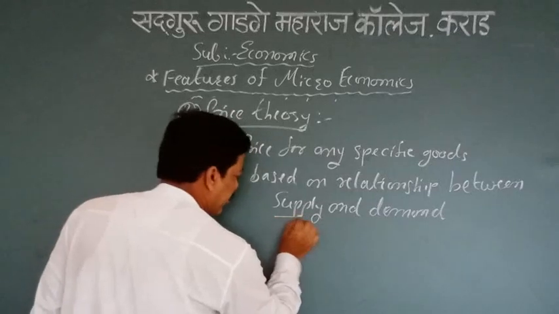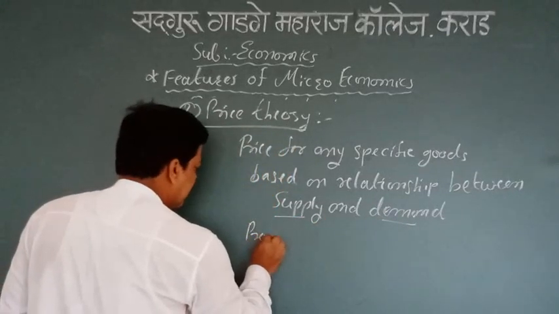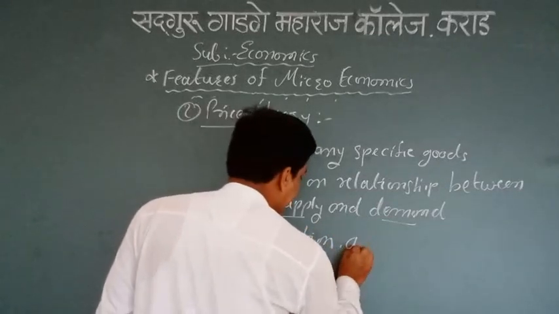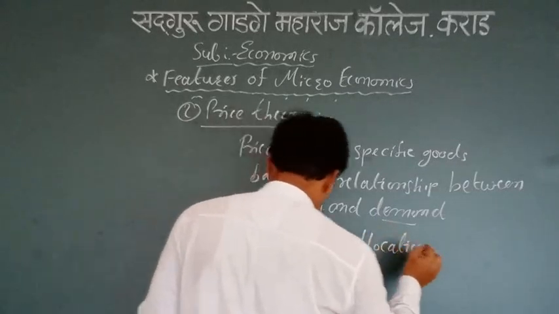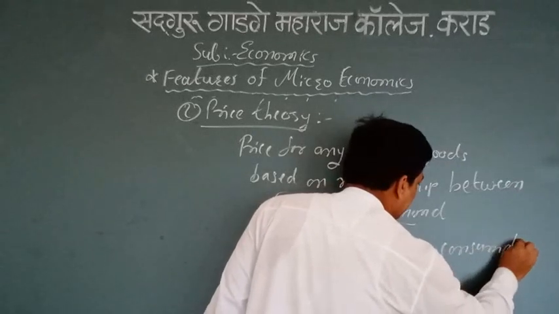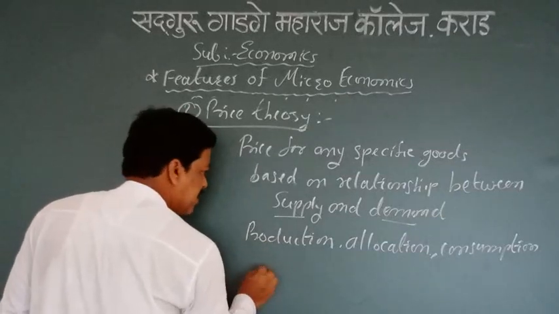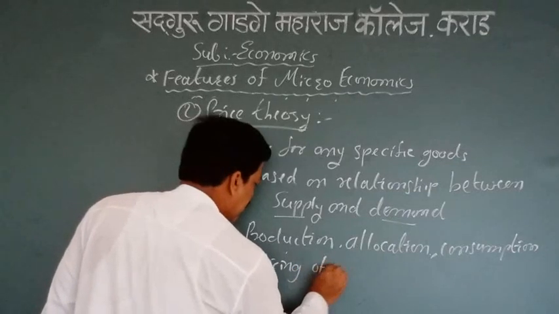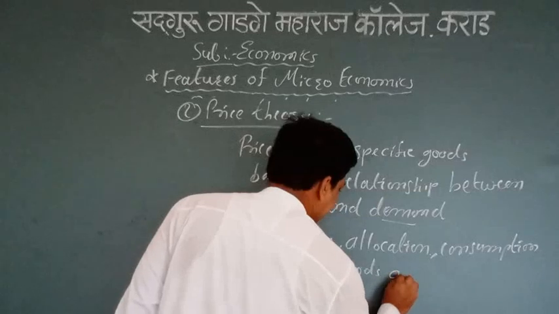These two terms are very important, supply and demand. And again, production, allocation, consumption, pricing of goods and services.